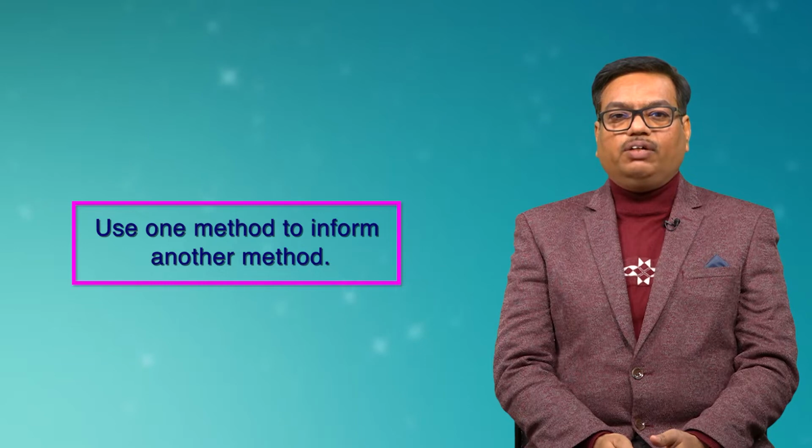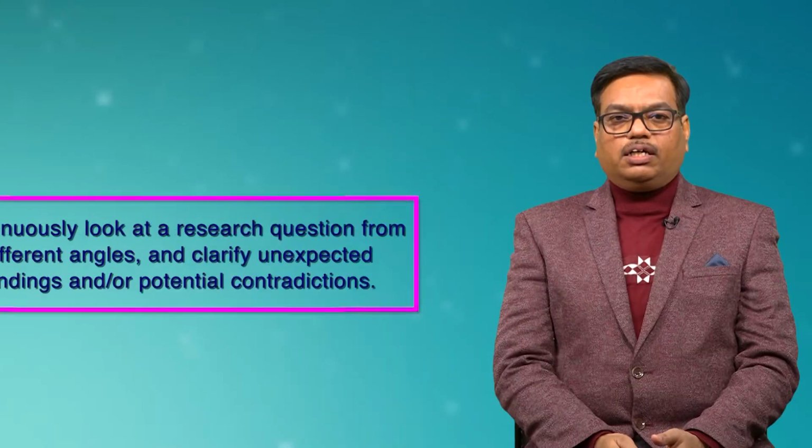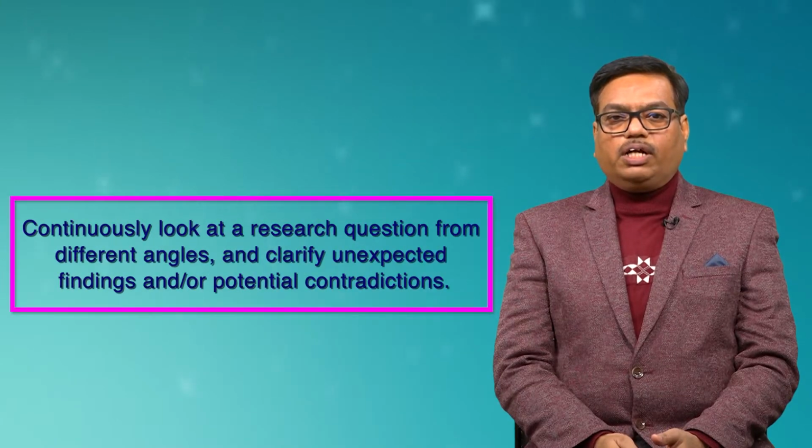And when you would like to use one method to inform another method, suppose quantitative data revealed that students in your class are quite happy, then another data will reveal what is behind their happiness, means one method to inform another method. Then you are continuously looking at a research question from different angles.